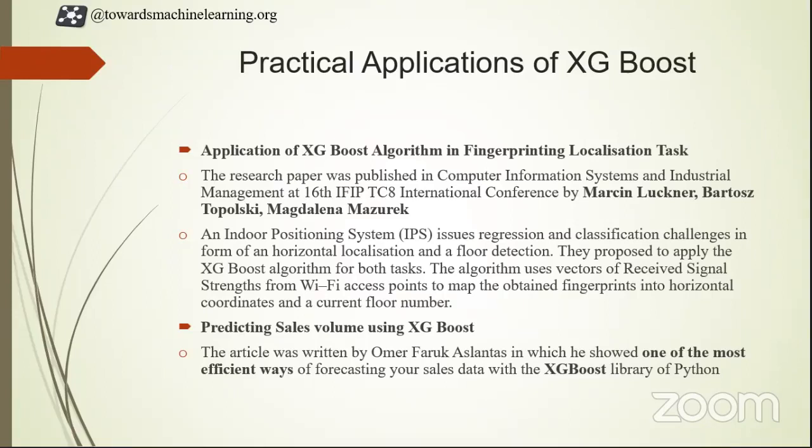They trained that with the help of XGBoost. They propose applying the XGBoost algorithm for both tasks. The algorithm uses vectors of received signal strength from Wi-Fi access points to map the obtained fingerprints into horizontal coordinates and the current floor number.